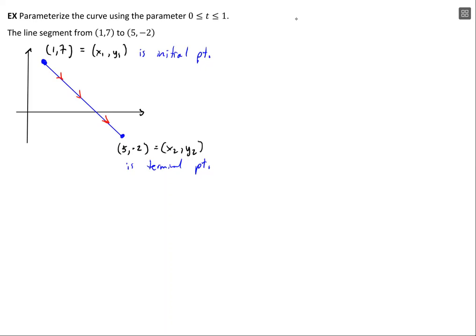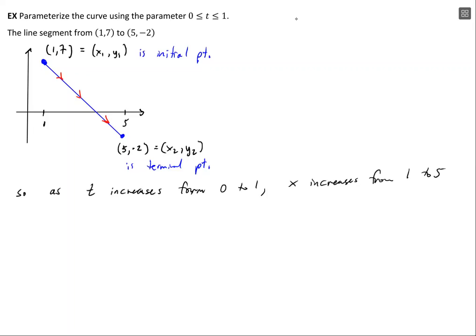So what exactly has to happen if we just move from one point to the other? Well, obviously the x coordinates are going to have to increase from 1 to 5. So as t increases from 0 to 1, our x increases from 1 to 5.